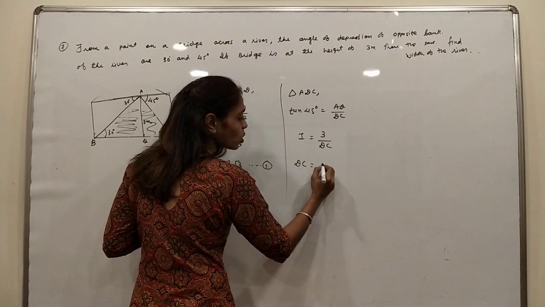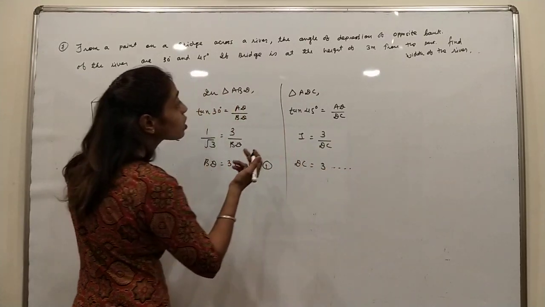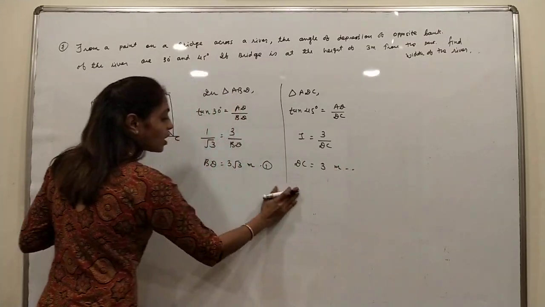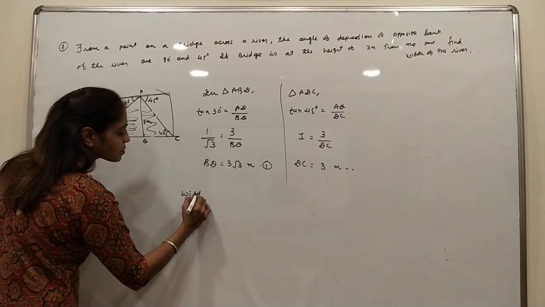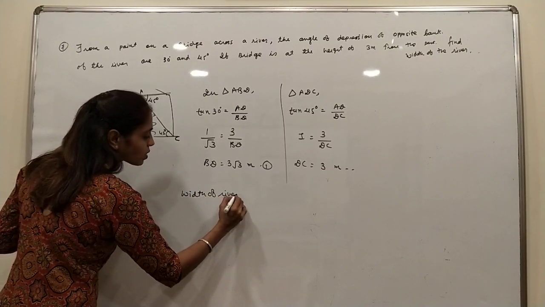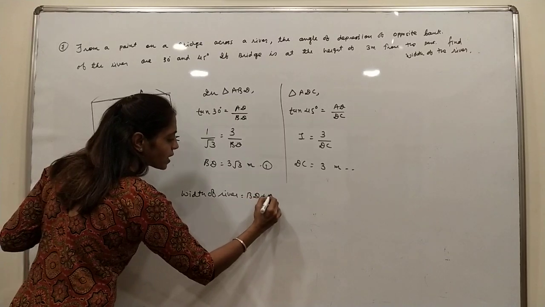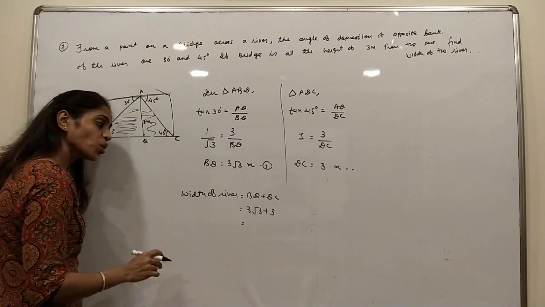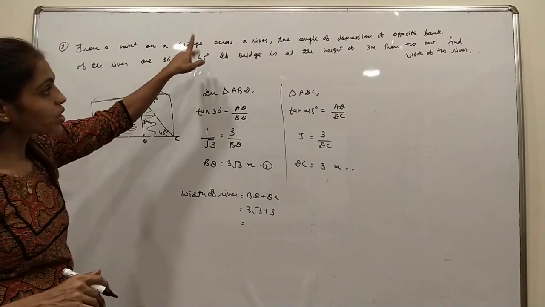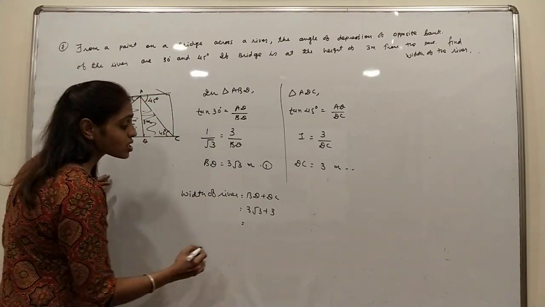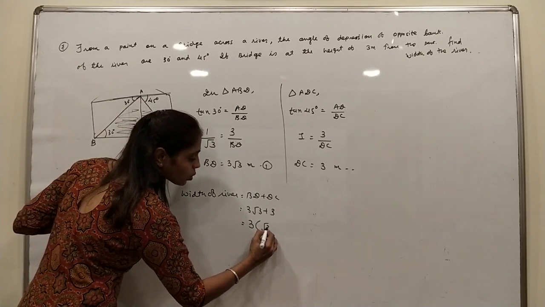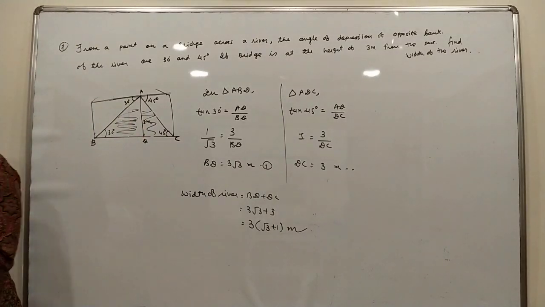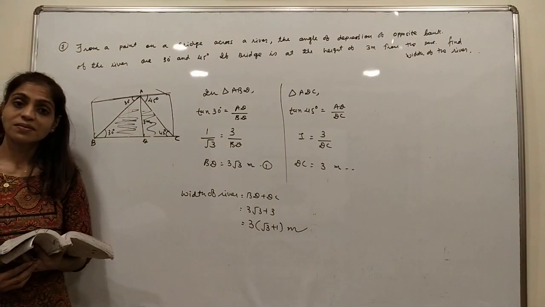So DC is equal to 3 meters, because all is given in meters. Now the width of the river is BD plus DC, which is 3 root 3 plus 3. Root 3 is not to be left in the denominator, so take 3 common: 3 times root 3 plus 1 meters, that is the width of the river. Okay.